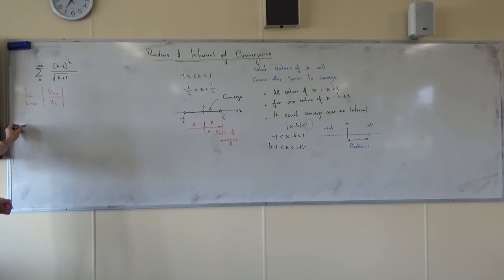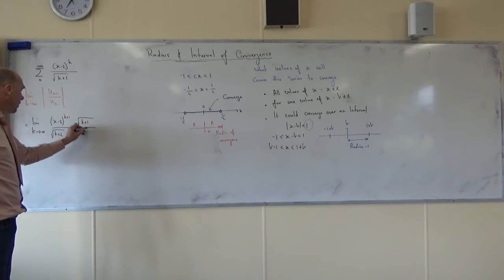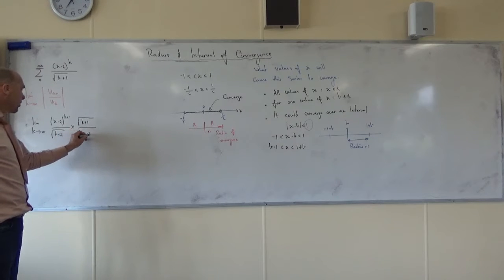So this is equal to the limit as k approaches infinity of x minus 2 to the power of k plus 1, divided by the square root of k plus 2, multiplied by the square root of k plus 1, divided by x minus 2 to the power of k.